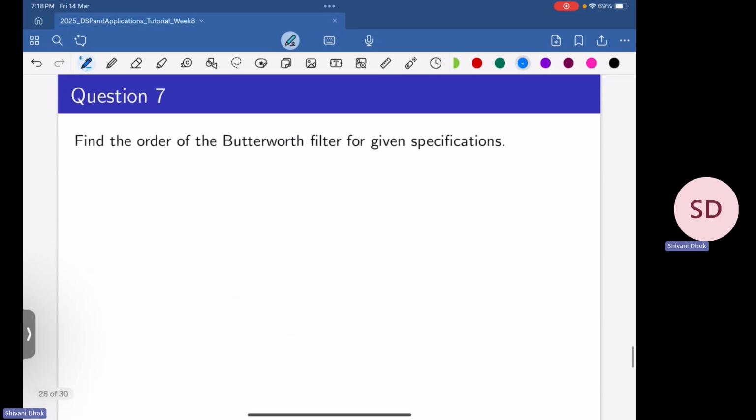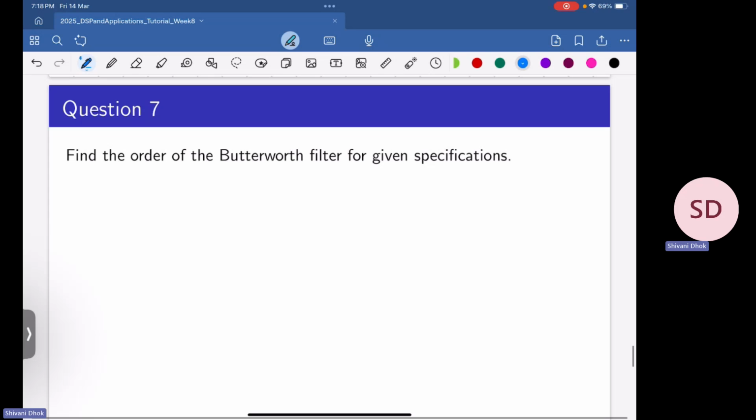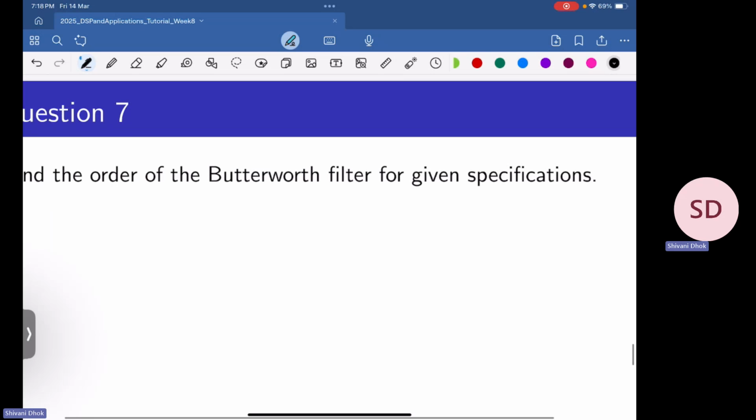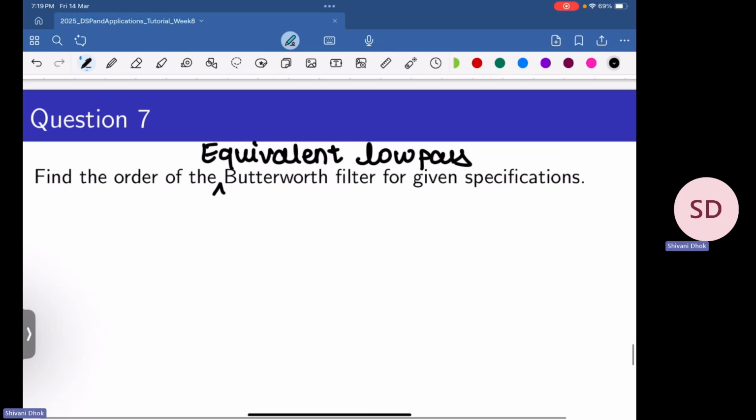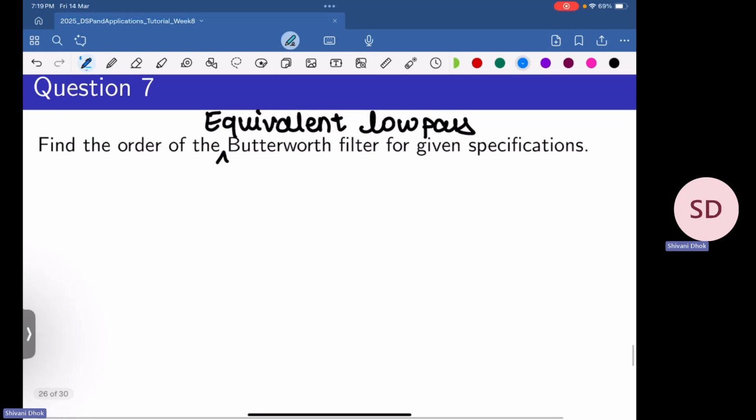So the next question says that find the order of this equivalent low pass Butterworth filter. So let me be specific: order of the equivalent low pass Butterworth filter for the given specifications. We have seen this.